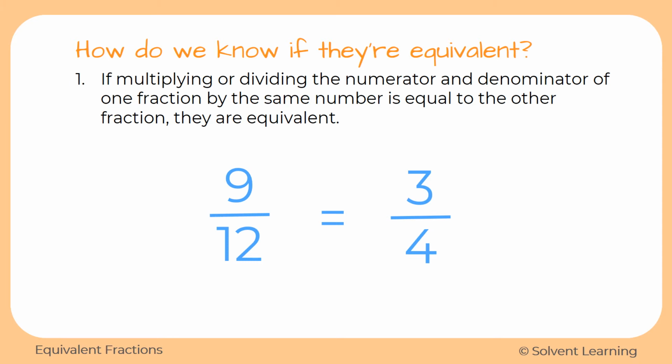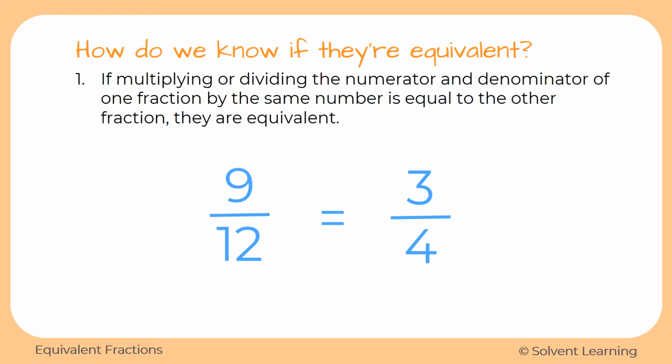Let's look at another example. Here we have 9/12 and 3/4. And the goal here is to try to see if there's a number that we can multiply or divide the first fraction by that will give us the second fraction. So let's see, we have a 9 in the numerator of the first fraction and a 3 in the second fraction.